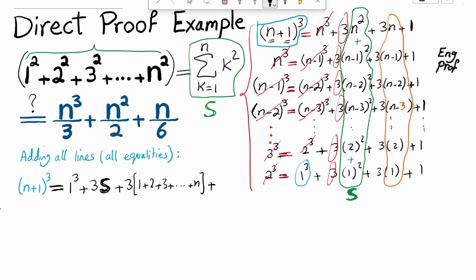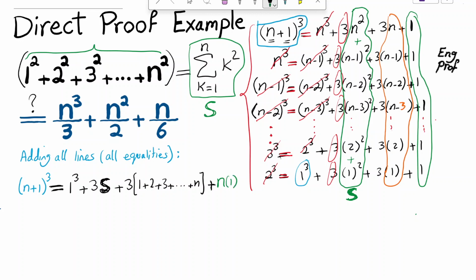And finally, what else do I have? Well, you can see that I am adding up n times 1 together, because effectively, if I highlight it so that it's observable, maybe with a different color, I am adding up 1 n times together as I'm adding these last terms. So it's going to be n times 1, obviously.